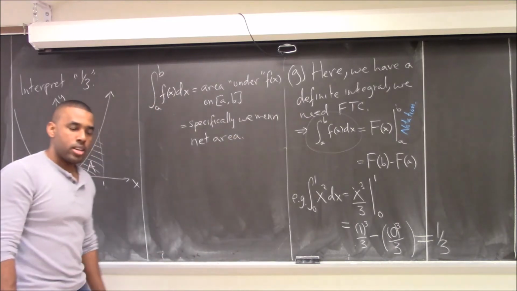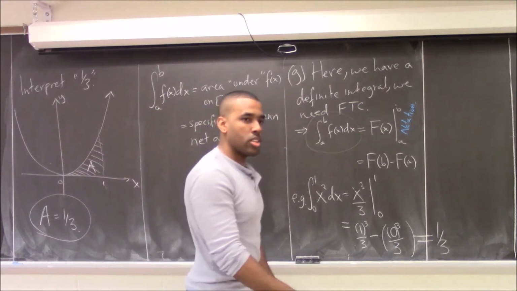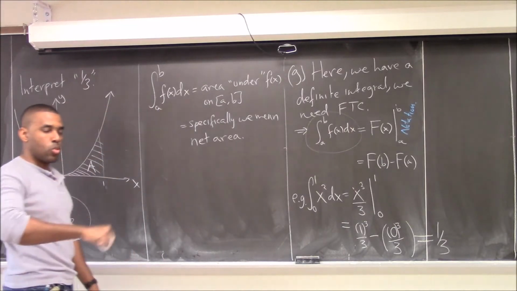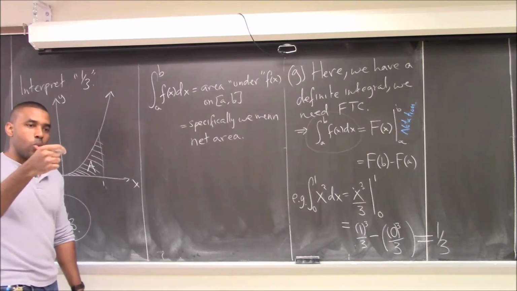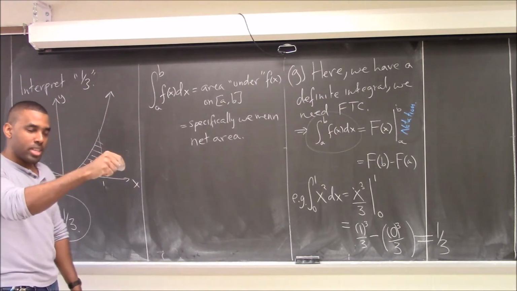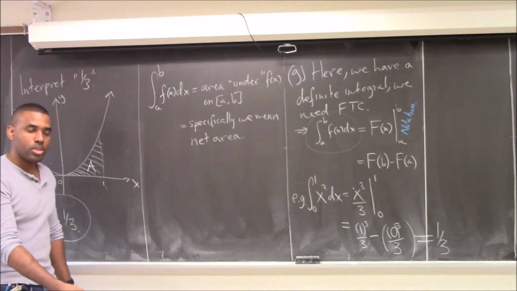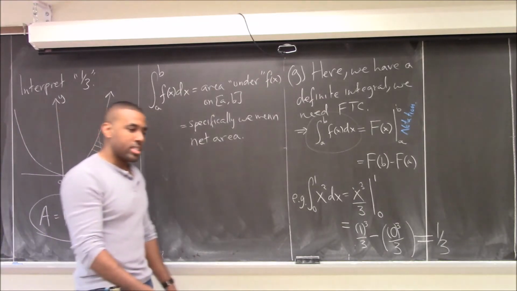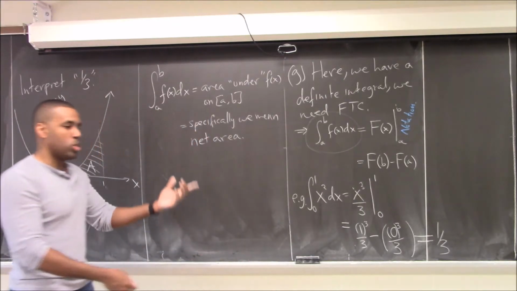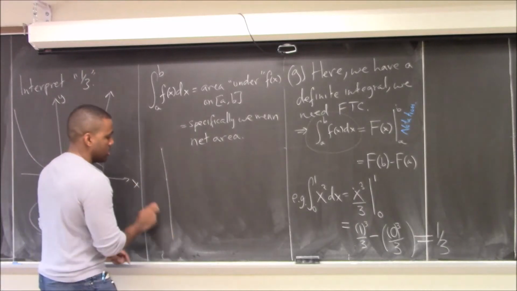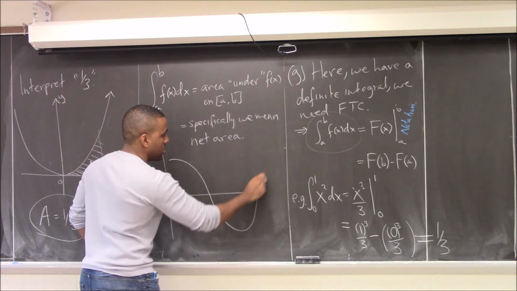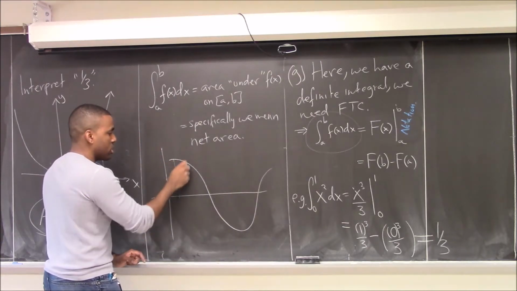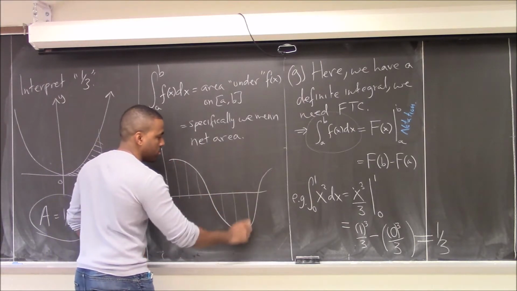Because remember how we defined our rectangles. Our rectangles were defined based on the y values of our function. The height of the rectangle was when we plugged in the x value into the function, that gave us the height of the rectangle. So the question is, what if your function was negative? You plug that x value, you would get a negative number, right? So let's say your function is doing this and it dips below here at some point, and again, you start to dissect things.